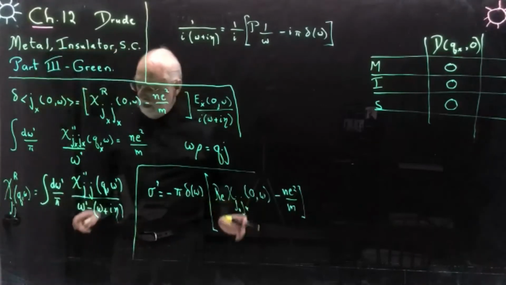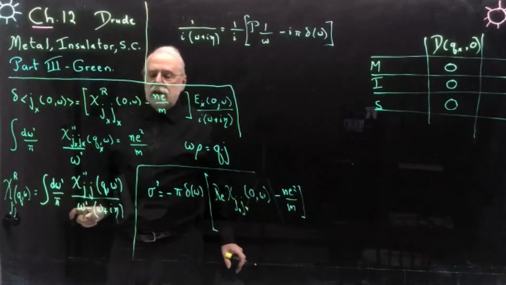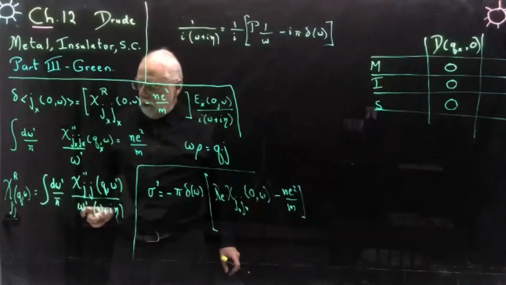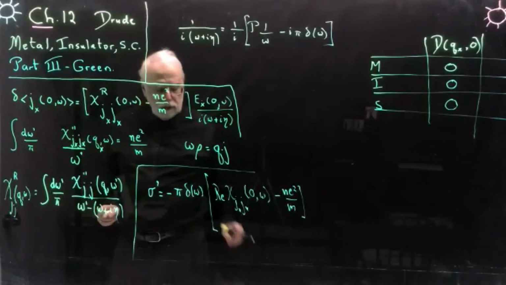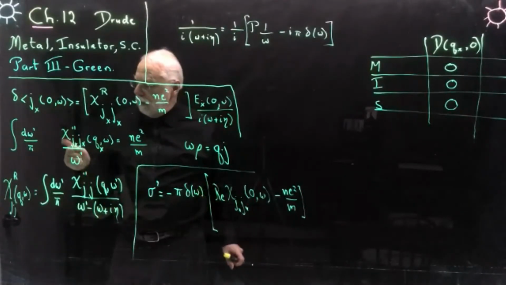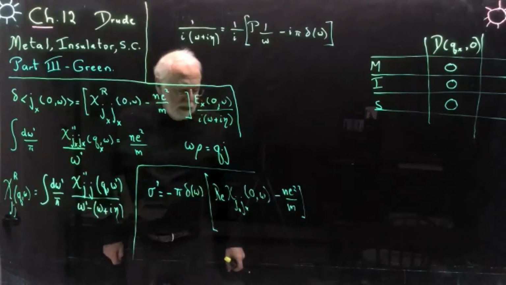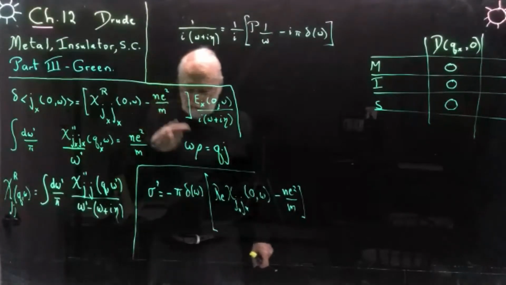So the real part here is the principal part of this quantity. The principal part of this quantity, as omega goes to 0, is not equal to this. There's a delta function response in a metal.